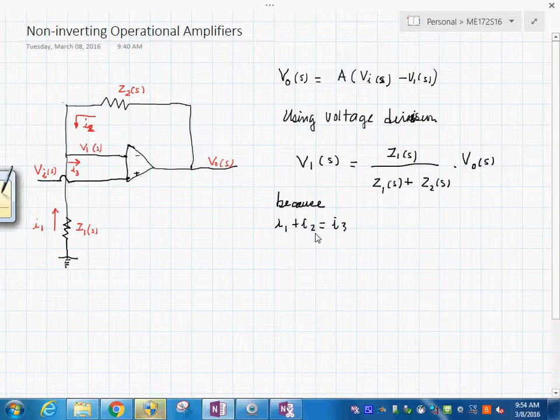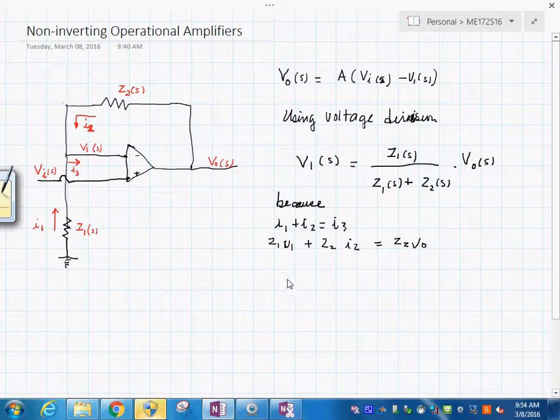You could say that Z1 times V sub 1, plus Z sub 2 times I sub 2, should be equal to Z sub 2 times V sub out. So if this is true, then it follows what I was trying to say.